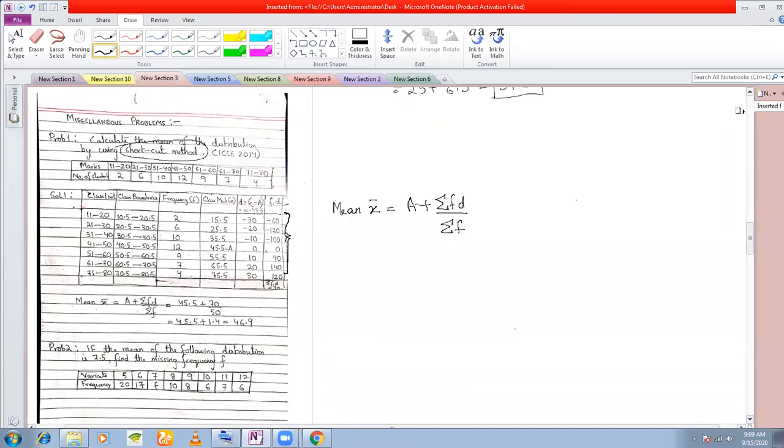So you add up this column, and you get summation FD to be 70. And if the addition is wrong, then that is a different thing.